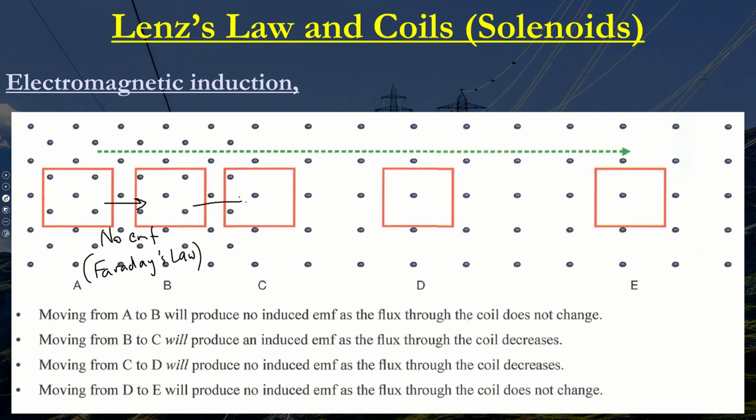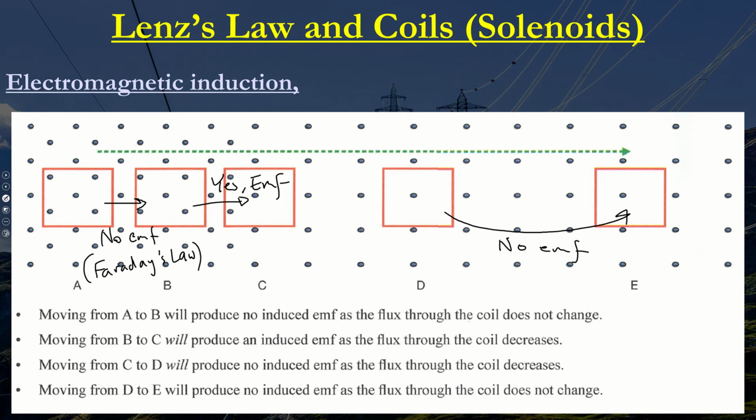If we go from B to C, you can see that it gets less in flux density. So according to Faraday's law, yes, you do get EMF produced because we've gone from a highly dense magnetic field of B to a lower density field of C. If we go from D to E, you get no EMF there.